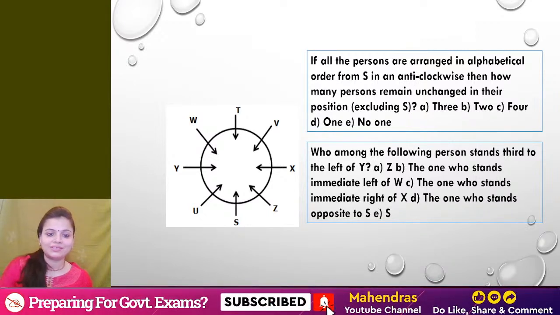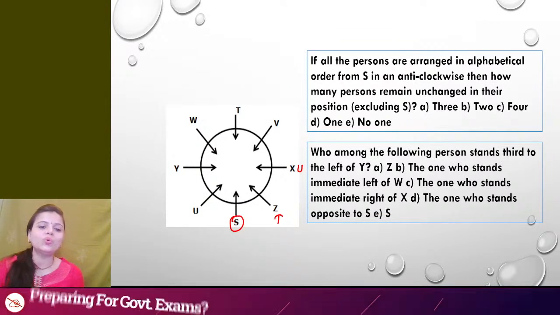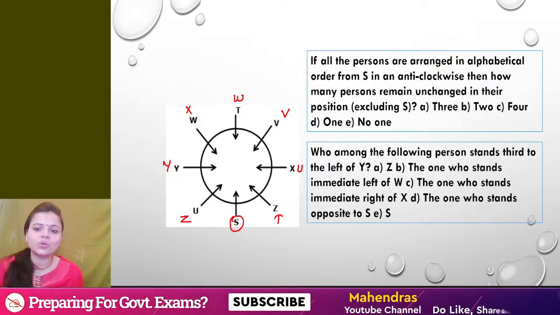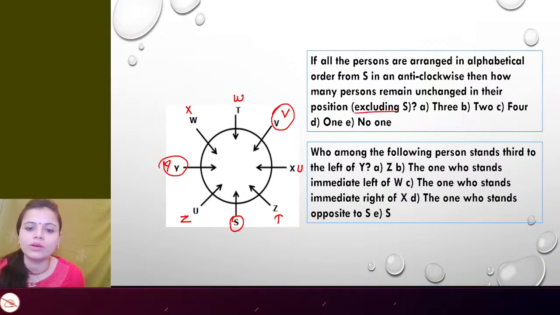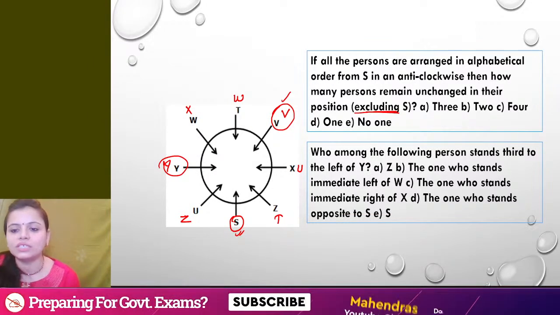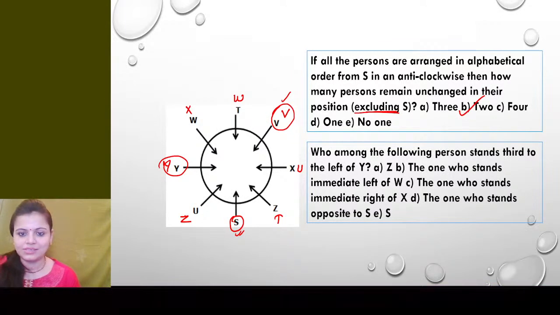You have to start with S now. So S, T, U, V, W, X, Y and Z. Excluding S, they have already given the condition, so you don't have to count S. So V and Y, which means 2 persons. So the answer will be option B. Yes, 2 persons.